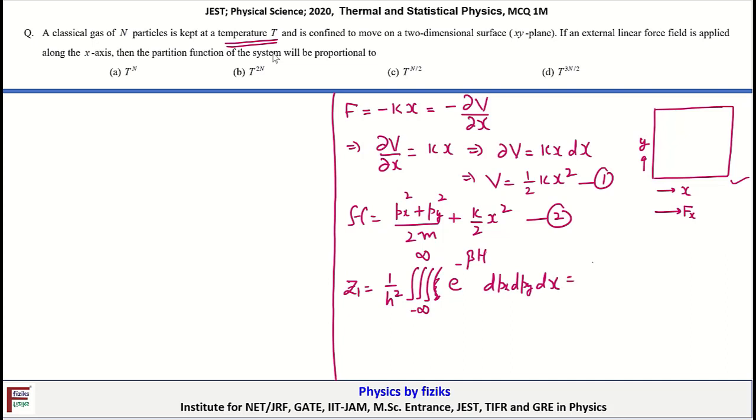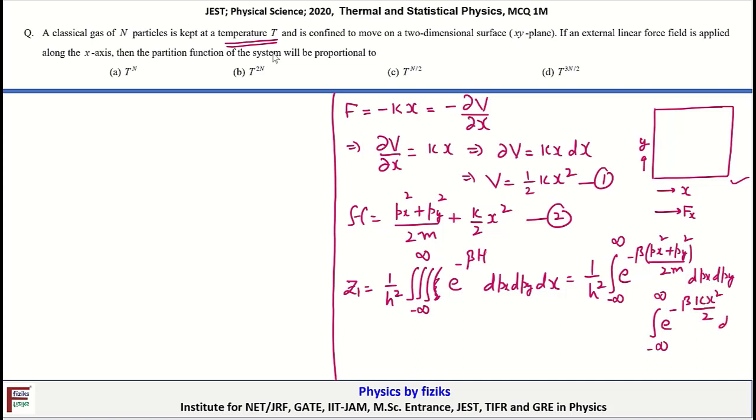That is equal to 1 upon h square, and then minus infinity to infinity exponential minus beta, px square plus py square by 2m. In principle we can split this into two integrals, dpx dpy, and this is multiplied by further minus infinity to infinity exponential minus beta k x square by 2 dx.